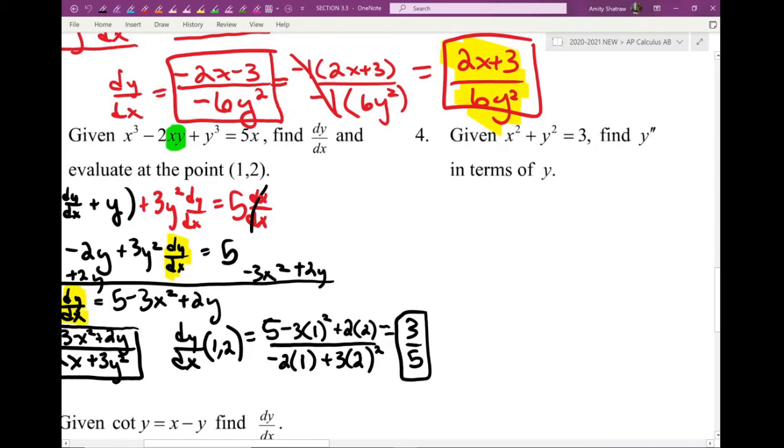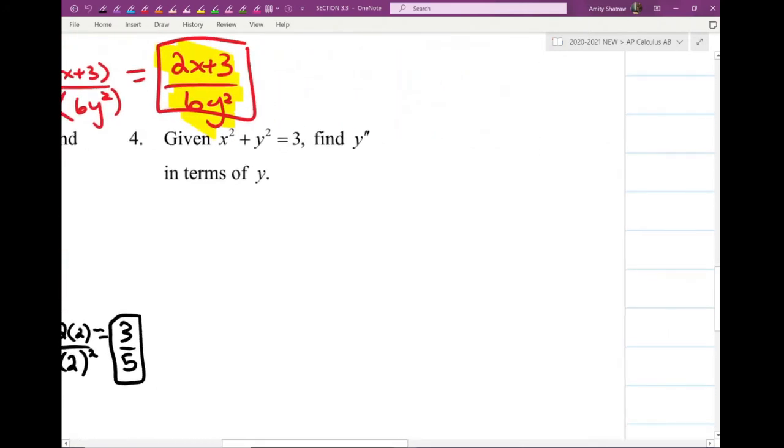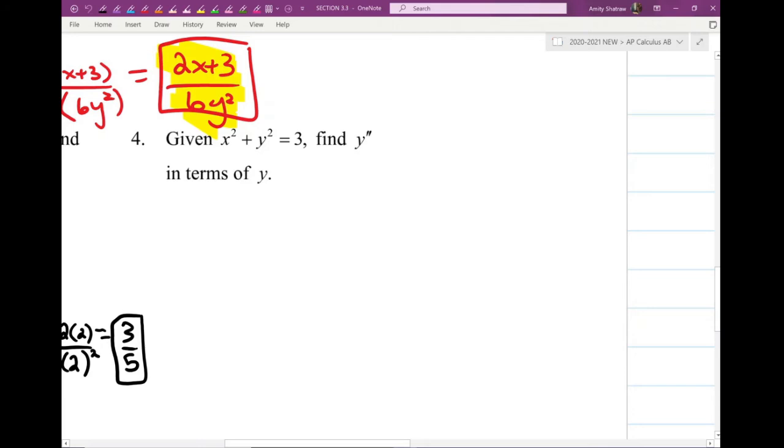So I want to say, and this is a perfect moment for me to say it, that the notation for taking the second derivative has a very special place in my heart. If I take the first derivative, d dx of y, I should get dy dx, and I already showed you how I get that.